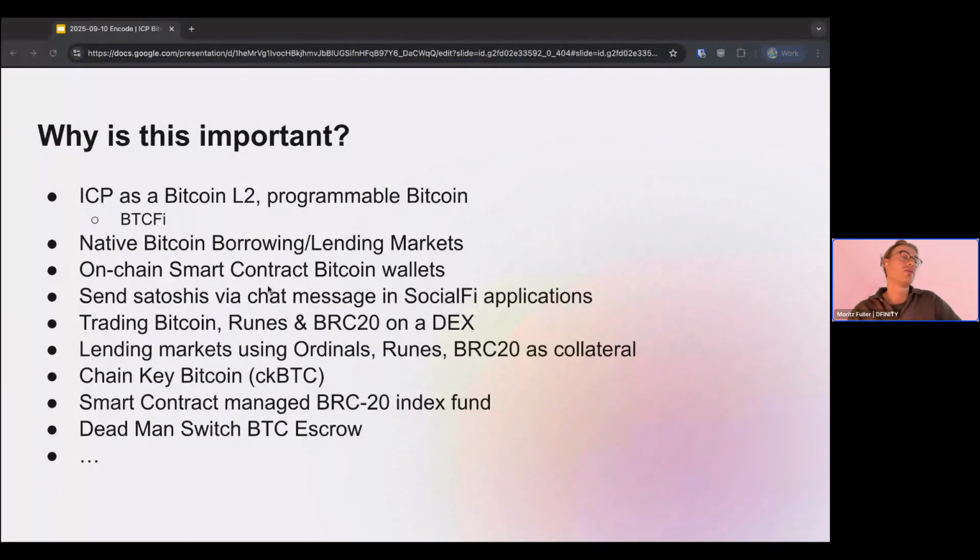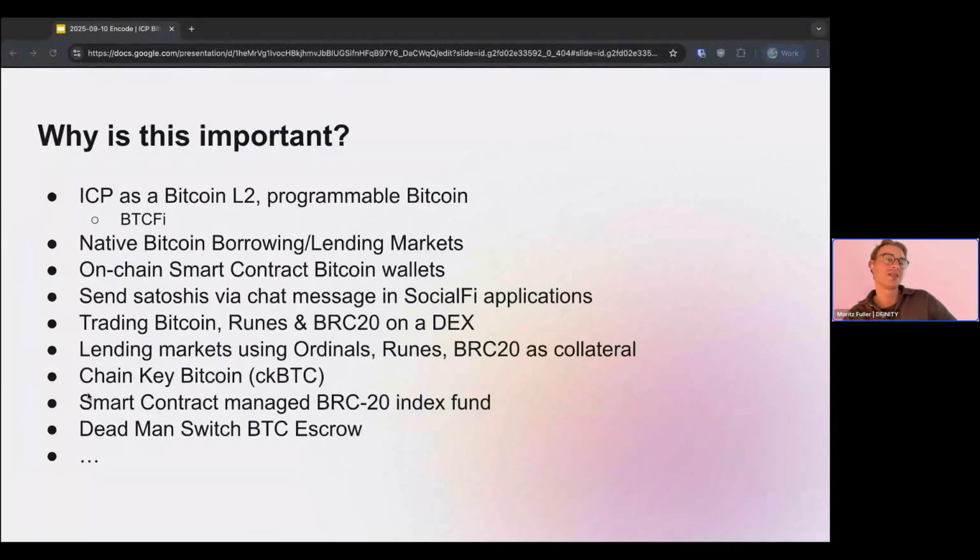You could, for example, extract that away and send Satoshis via chat messages in a SocialFi application. You can actually build a DEX where people are able to trade runes against Bitcoin or BRC20s or ordinals or whatever. You can also create, of course, borrowing lending markets for Bitcoin meta protocols like ordinals, runes, and BRC20s again.